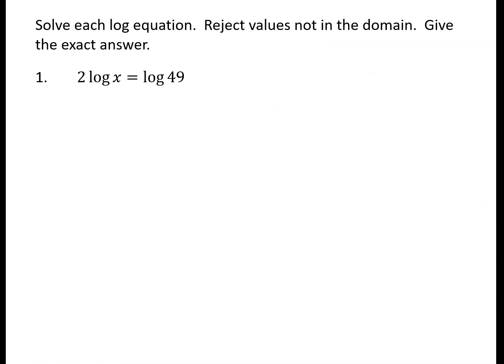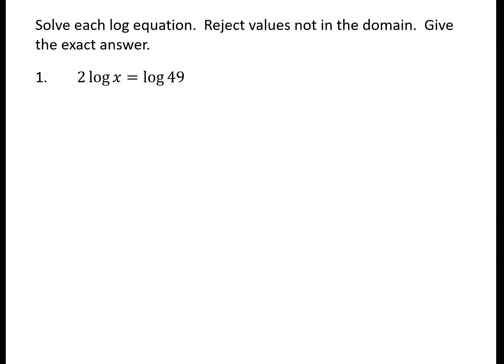Okay, so first step, we need a single log on each side, which we do have, but we need a 1 in front. So on this left side, a couple of ways you might think about it is, well, let me divide by 2, but if I divide by 2, 2 is not going to divide evenly into log of 49, so then basically I'd have 1/2 log 49, so I still wouldn't have a 1 in front.